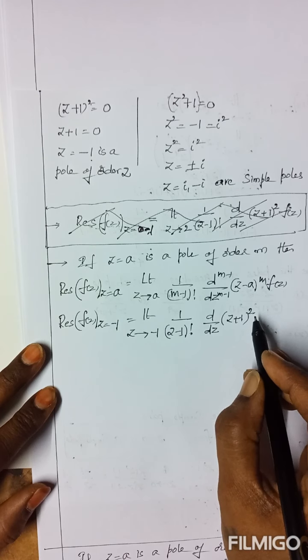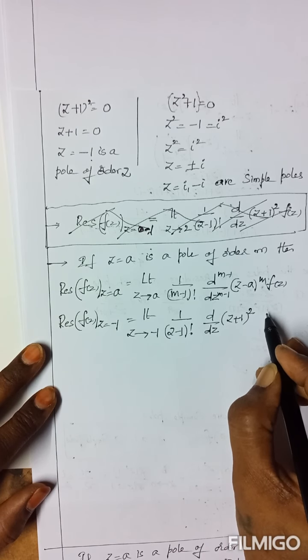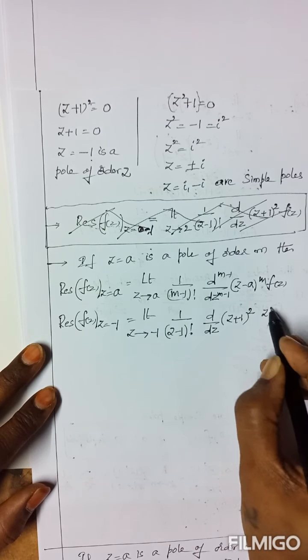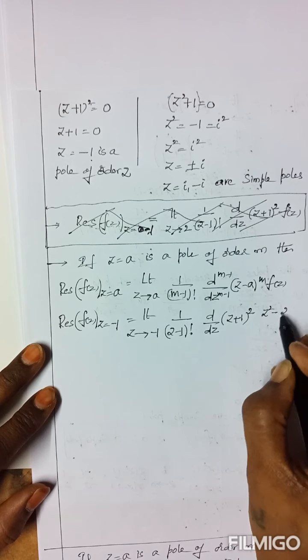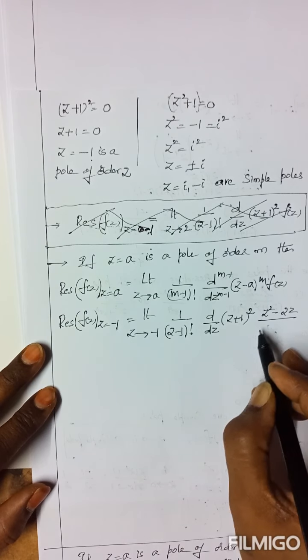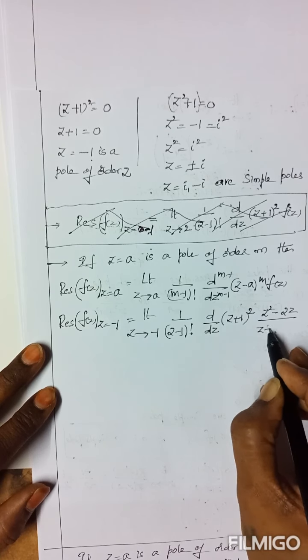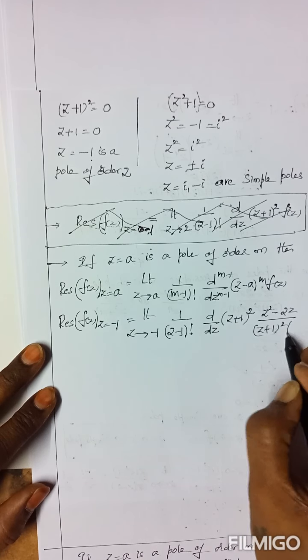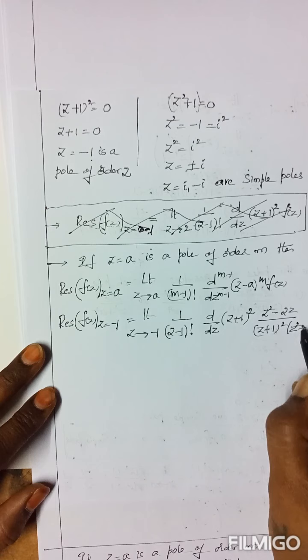What is the given function in the present question? (z square minus 2z) by (z plus 1) whole square (z square plus 1). This is the function.